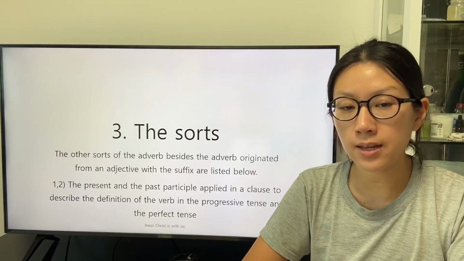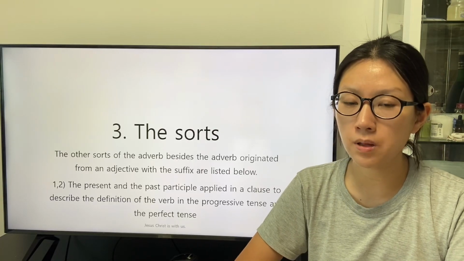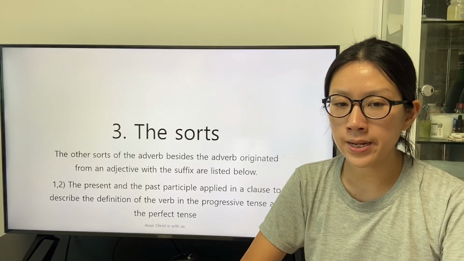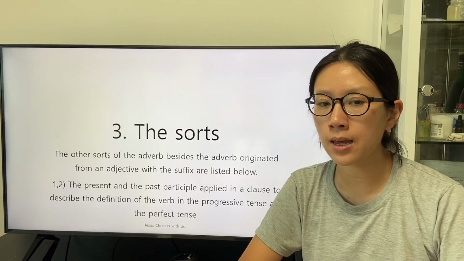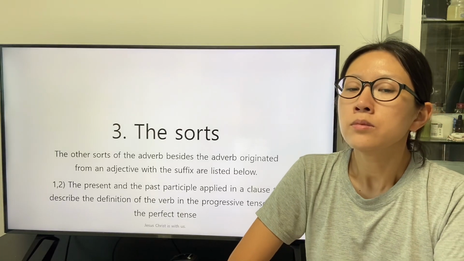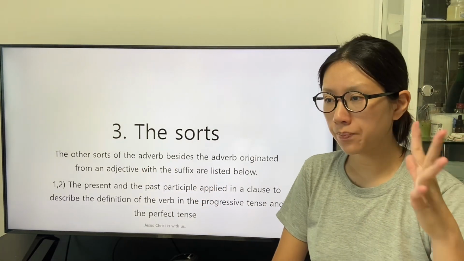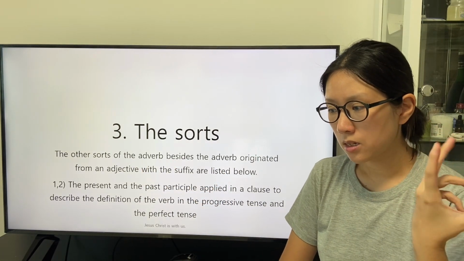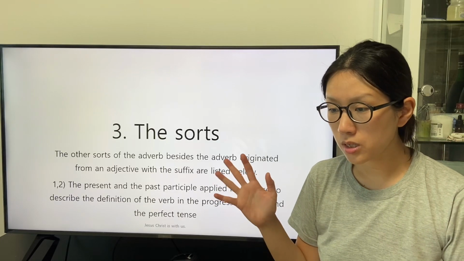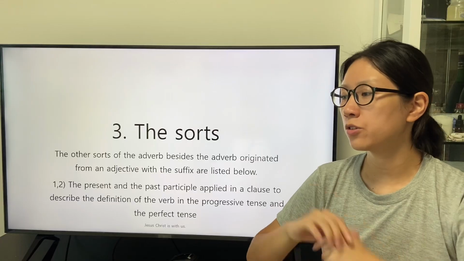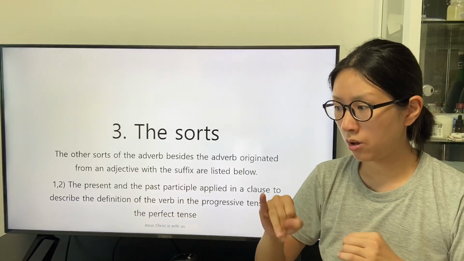The present and the past participle applied in a clause to describe the definition of the verb in the progressive tense and the perfect tense. The present participle as a descriptive word can be applied as an adjective or an adverb.